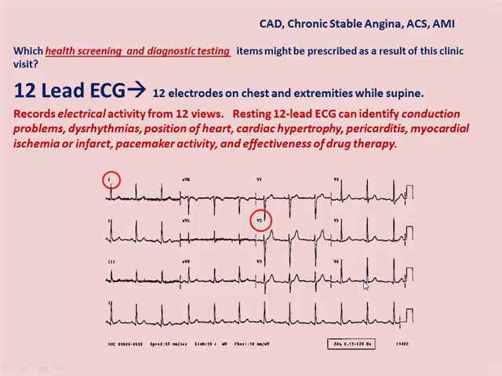And it's not important that you know all the different leads, what their names are. It's just important for you to realize that there are 12 different angles or views that we can see the heart's electrical activity, and that the 12-lead EKG is used for a whole lot more than just looking at the patient's rhythm. And then notice that the 12-lead will also run just a long strip of lead 2 down at the bottom.